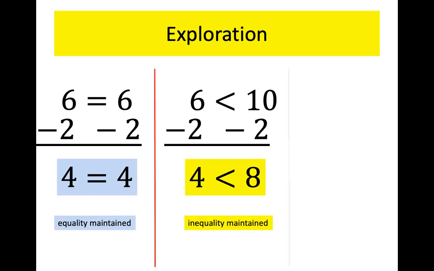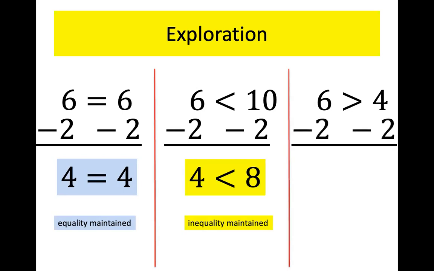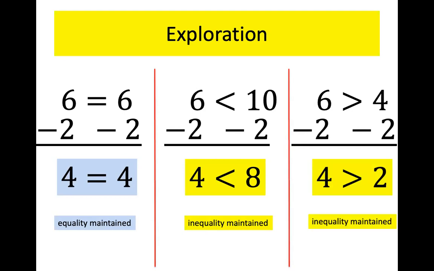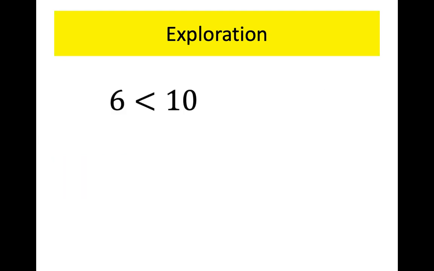So let's make sure that that still works with a greater than symbol. Let's subtract 2 from both sides. Does it still work? Yeah, it does. So for inequalities, you are allowed to subtract anything as long as it's the same thing from both sides. Because what would happen if you don't do that? True or false? That's true, right?